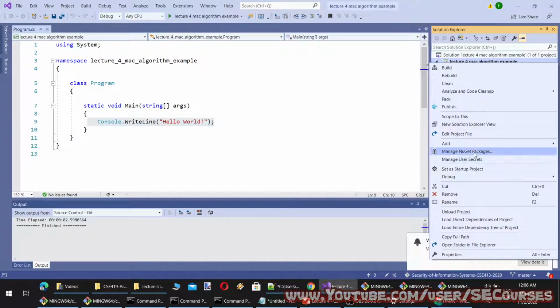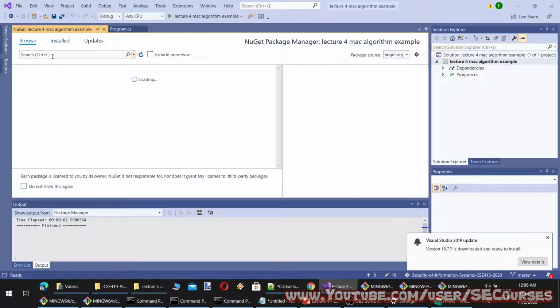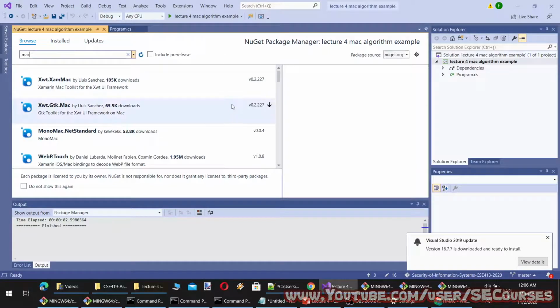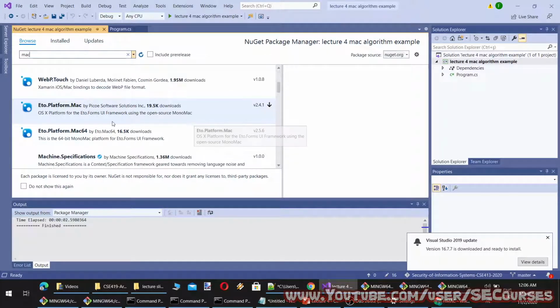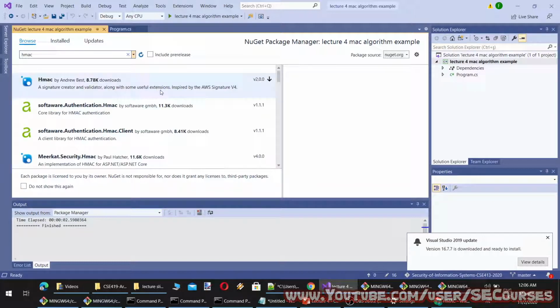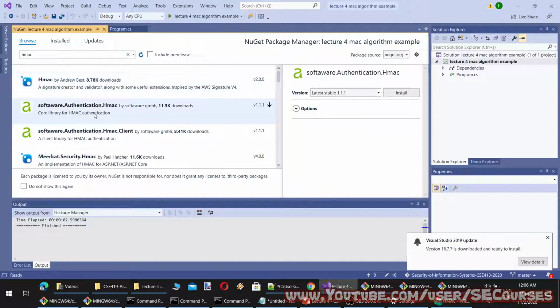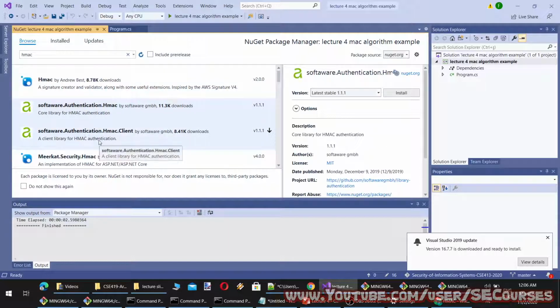So I'm going to say manage NuGet packages, and I'm going to type HMAC. Just "Mac" would be confused with other MACs, so perhaps HMAC would be better. Okay, a signature creator and validator along with some useful extensions is Python AWS signature version 4 for Reader for HMAC authentication.